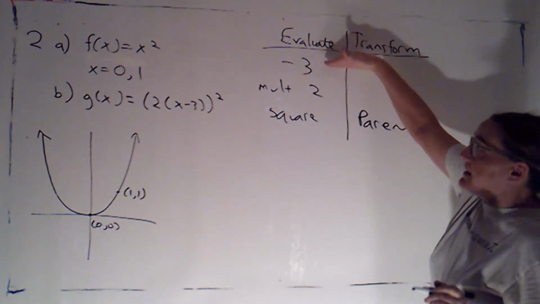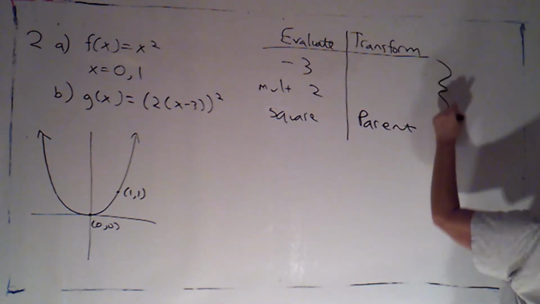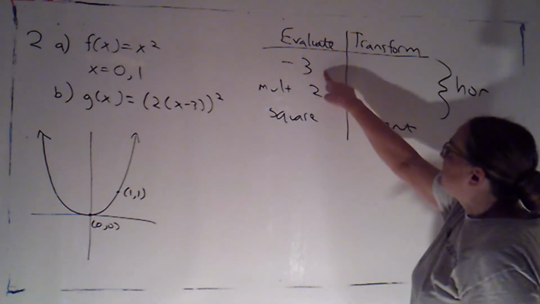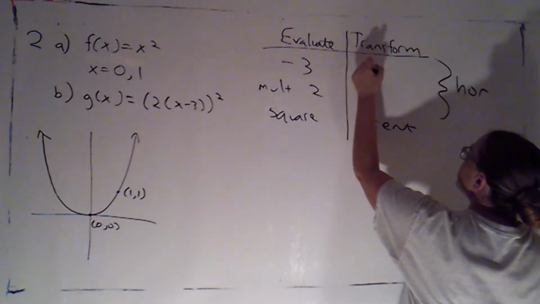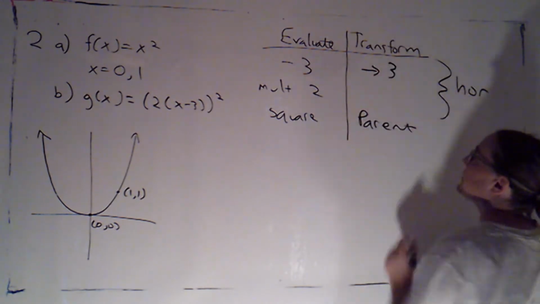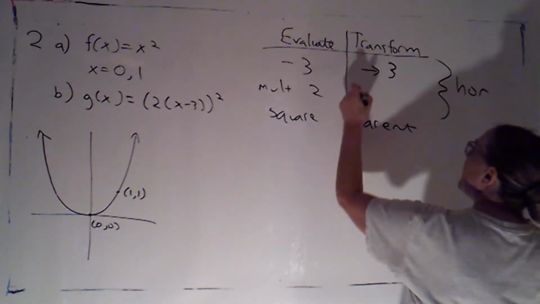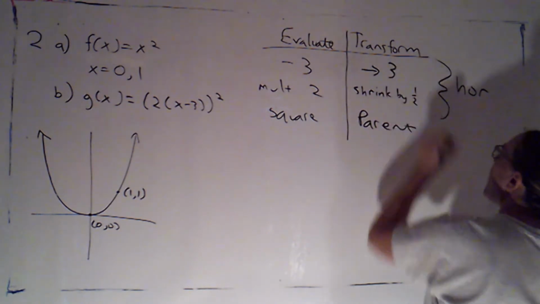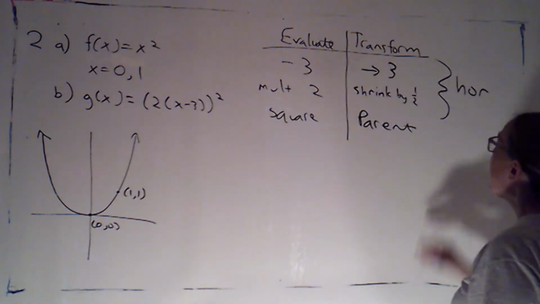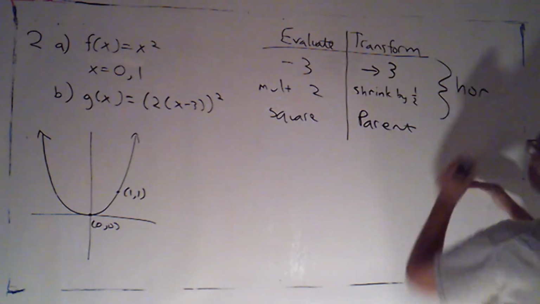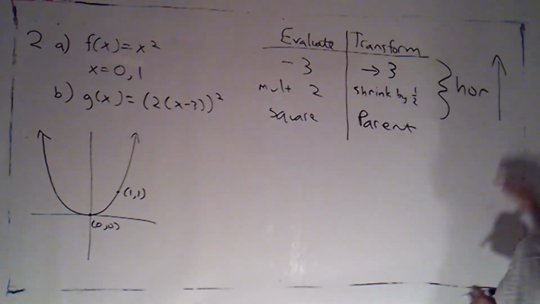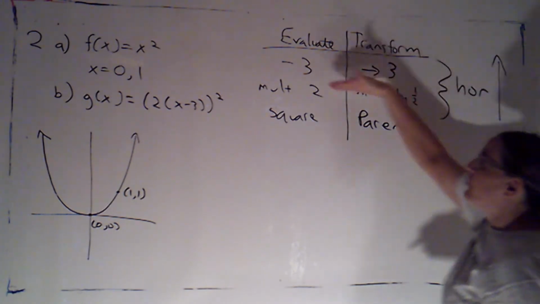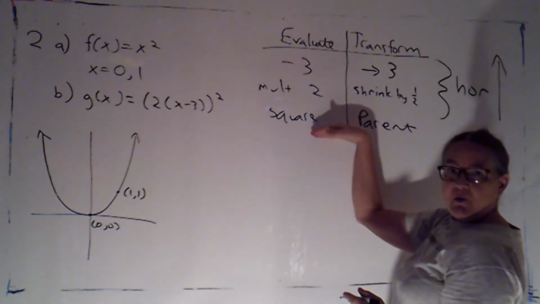That means these things I did before the parent function, so they're going to correspond to horizontal transformations. Subtracting 3 shifts things 3 units to the right. Multiplying by 2 is going to shrink things by a factor of 1/2. Okay. And with horizontal transformations, I'm going to be going in the order opposite from the order in which I evaluate things.